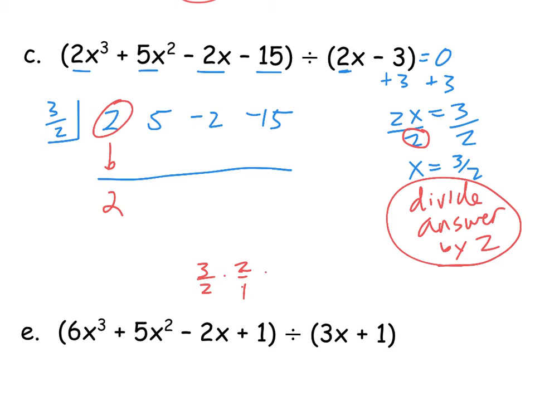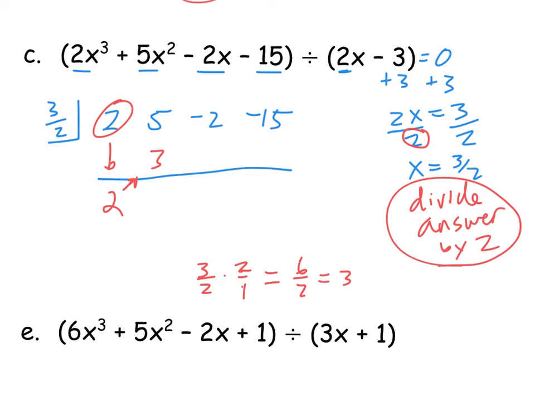And that's 6 over 2, which equals 3. So my next number up here is 3. Or you could just put it in your calculator like this: 3 divided by 2 times the 2, and you'd still get the same answer, 3, okay? Doesn't matter how you do it. Use your calculator, do it by hand, do it in your head, whatever works.